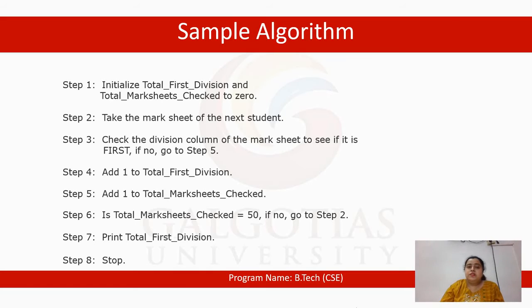So step 1, initialize total first division and total mark sheet checked to 0. So there are two variables that we are taking.